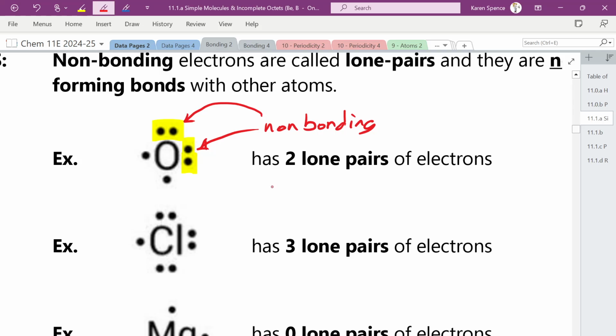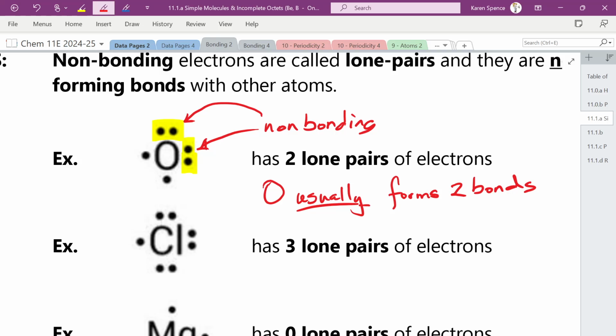Yeah, O usually forms 2 bonds. There are exceptions, especially when you have ions, because if you have an ion, you'll actually have more or fewer electrons than you normally would. So if we had an extra one in there, maybe it'll only form 1 bond because we've got an extra electron pairing up there already.